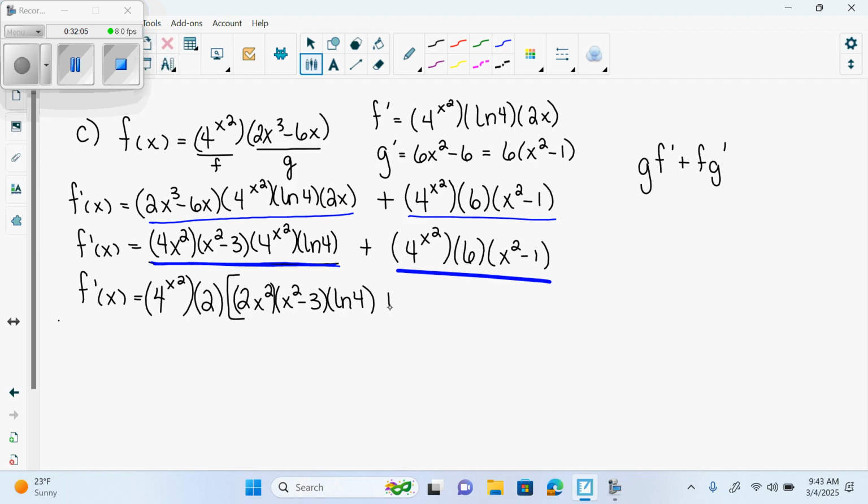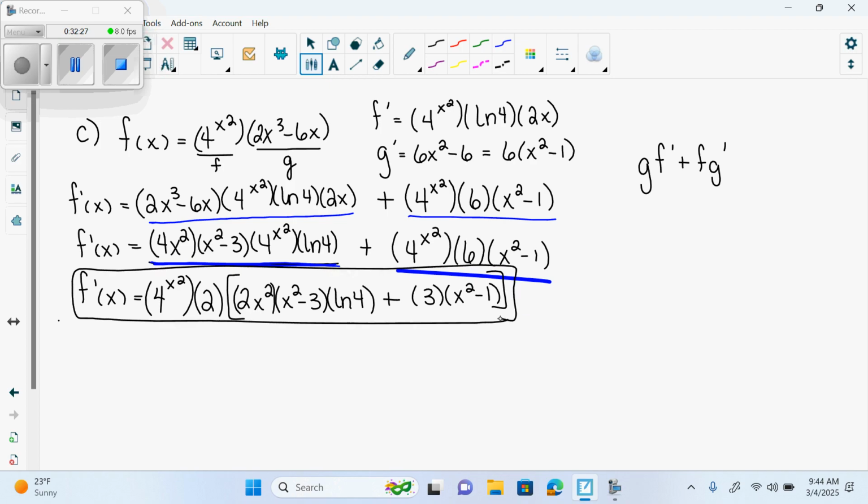Then the plus sign. Then if I take those out of the next blue, bless you, if I take a 4 to the x squared out and I take a 2 out, I'm left with a 3, and then x squared minus 1. That's it.